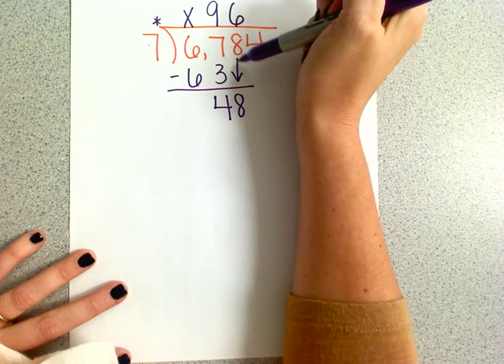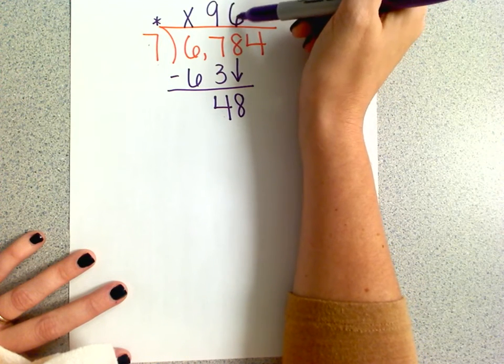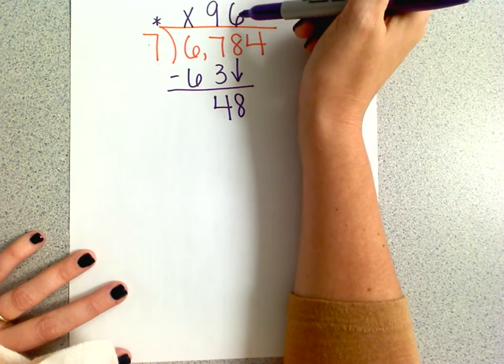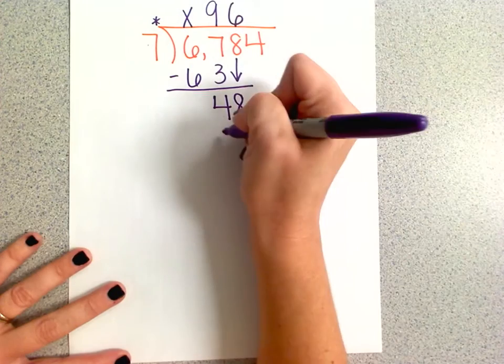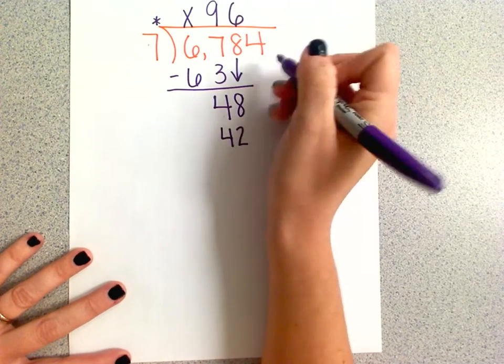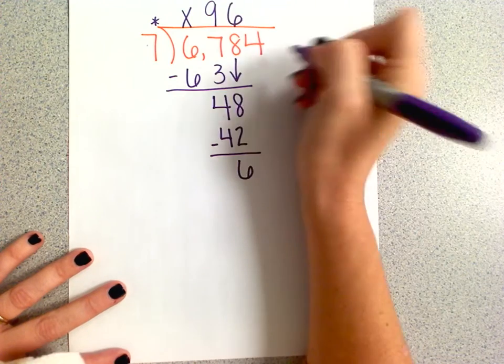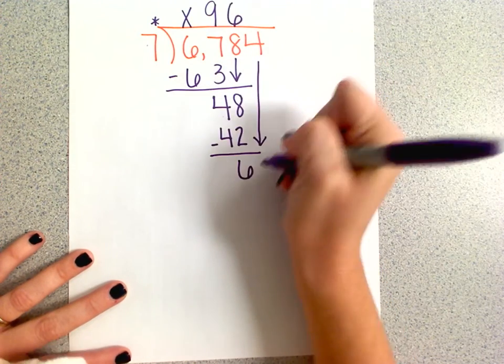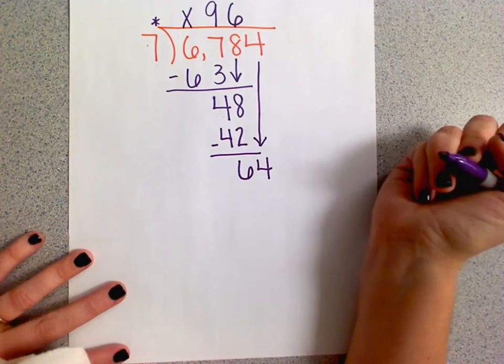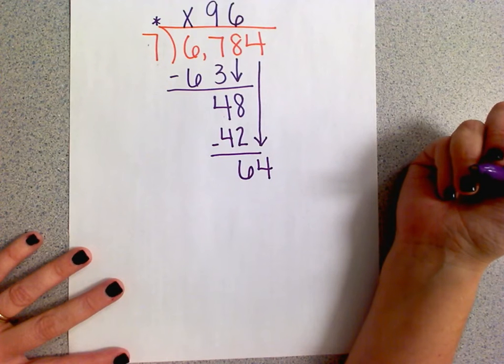Notice I put my 6 on top of the 8 because that's what I'm working with right now. 6 times 7 is 42. Subtract. 48 minus 42 is 6. Bring down. How many times can 7 go into 64?